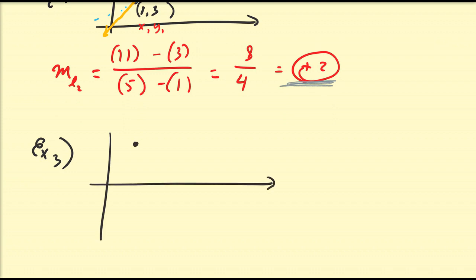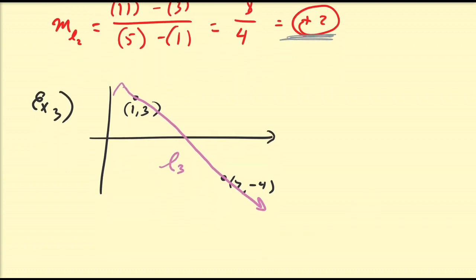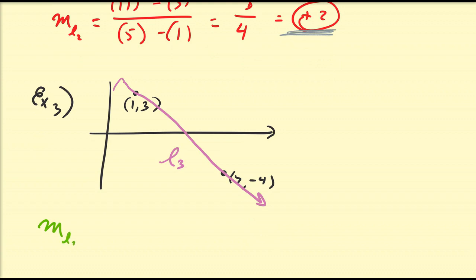I'm going to pick a couple points here. I'm going to pick the same point, 1, 3. Now I'm going to choose the point 7, negative 4. So let's draw this line here. Let's call this line L3. So what is the slope of this line? The slope of L3, let's call this x1, y1, and x2, y2.